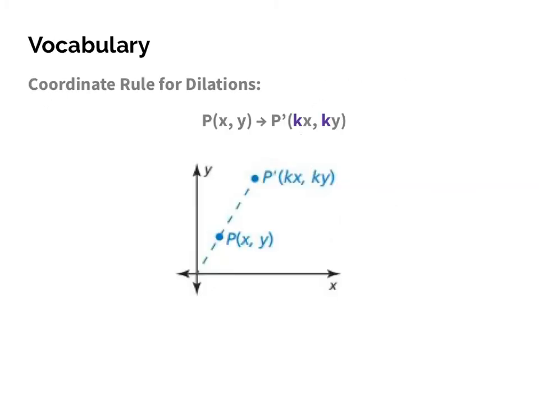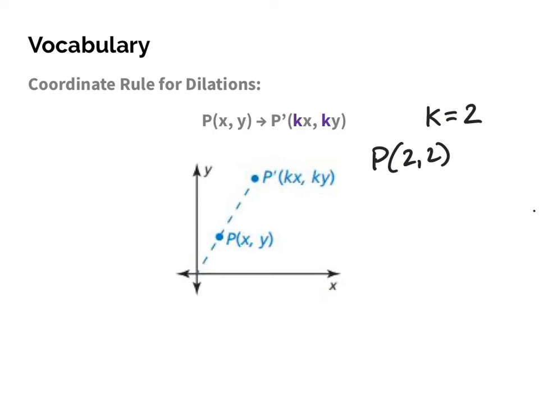Now what we're going to do is look at how this affects shapes on a coordinate plane. So if I were to make any sort of dilation using points on a coordinate plane, so points of x and y, let's say that point P is 2, 2, and let's say that my scale factor is going to be 2.